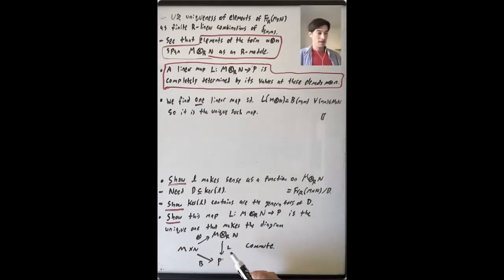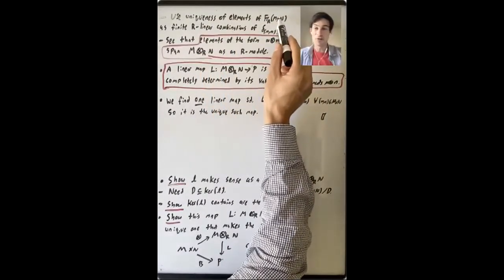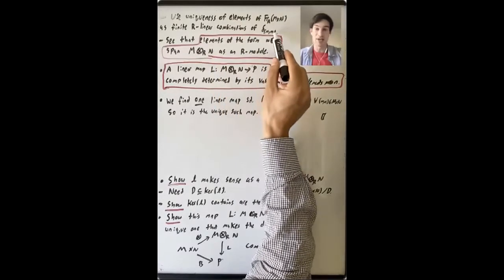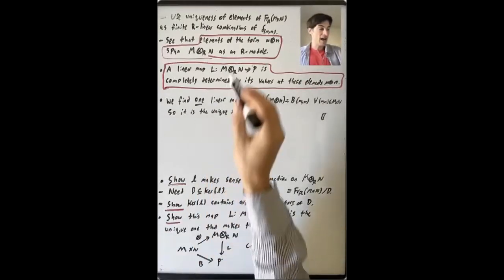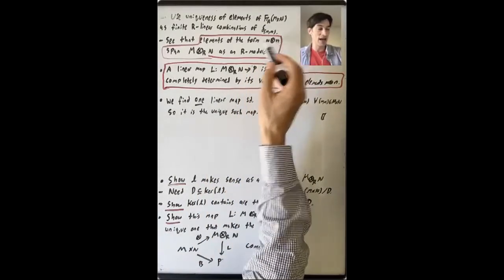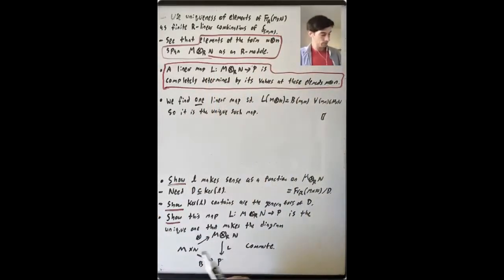Okay. What do we need to use here? We're going to use the uniqueness of the elements of our free module as finite R linear combinations of these delta mn to see that elements of the form M tensor n span the tensor product as an R module. Right?